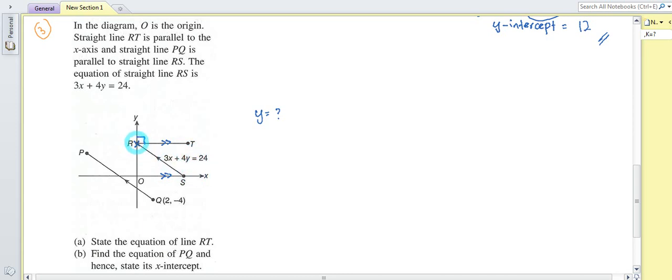Since R falls on this straight line, I can use this equation to find the coordinate for R. On the y-axis, remember, x is equal to 0, right? We need to find y. 3x plus 4y equal to 24. So at point R, x is equal to 0. We need to find the y.